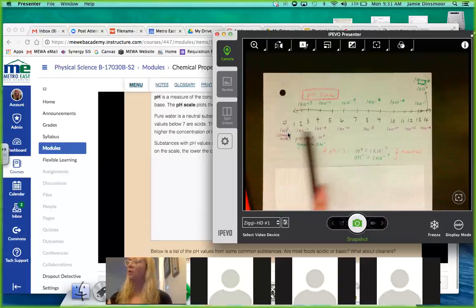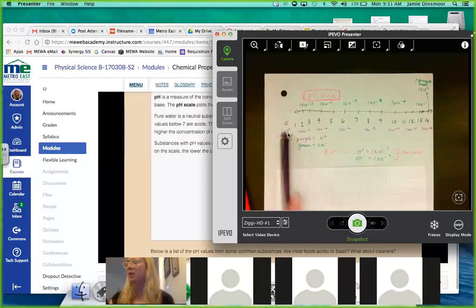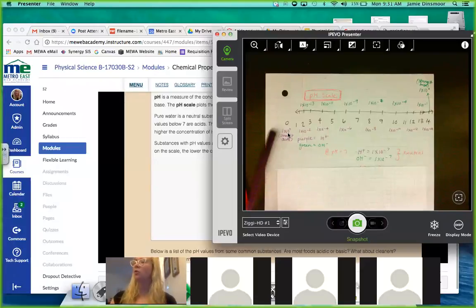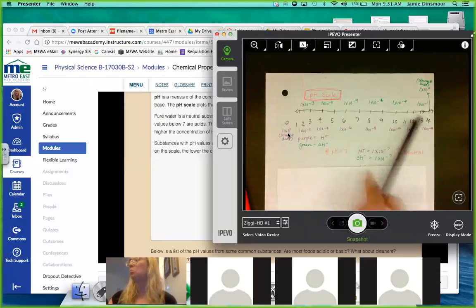And then we go down. We get 1 times 10 to the negative 1, which I didn't write because I didn't have enough space, 1 times 10 to the negative 2, 1 times 10 to the negative 3, 1 times 10 to the negative 4, right? That one's pretty easy to do for the hydronium concentration because it goes with the numbers.